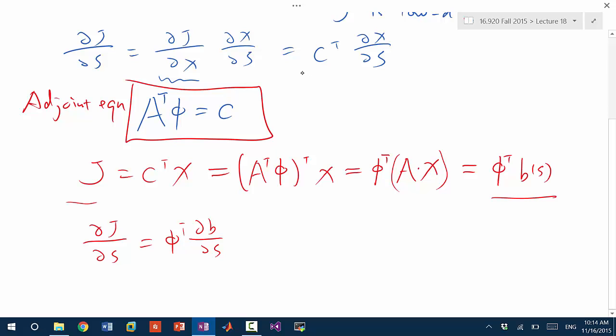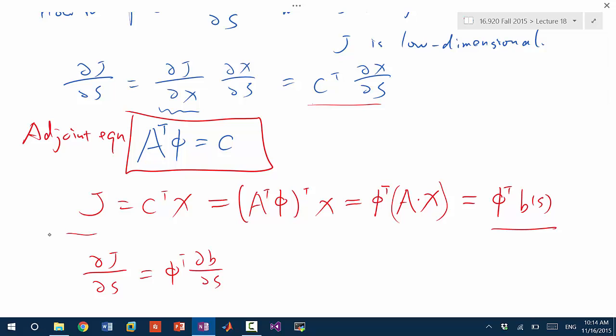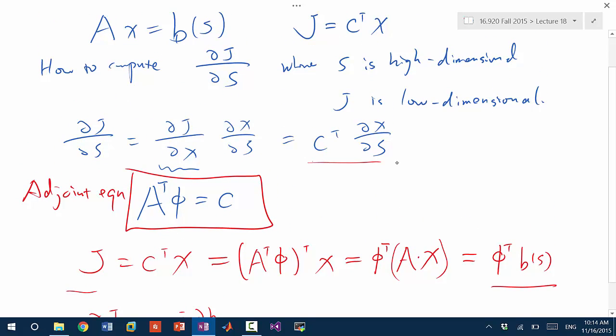What Xun has proposed is called the direct method of sensitivity analysis, versus the adjoint method of sensitivity analysis. The direct way is more efficient if you have a low dimensional S and a high dimensional J. Let's say I only have one S but many J's.